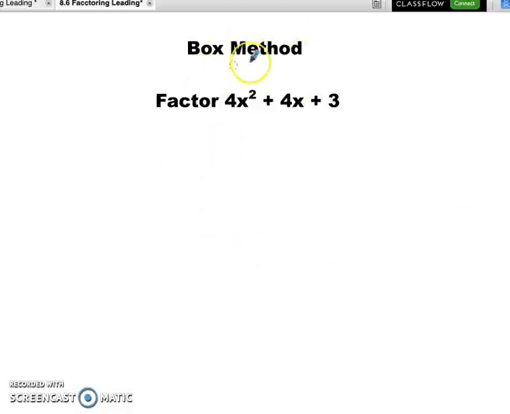Okay, so you have this one, but we're not going to do the box method. We are going to do it using the grouping method. I call it the grouping method or the table method. So, start over.